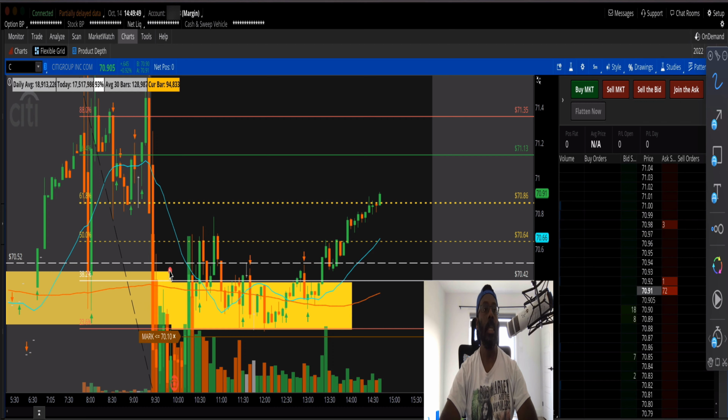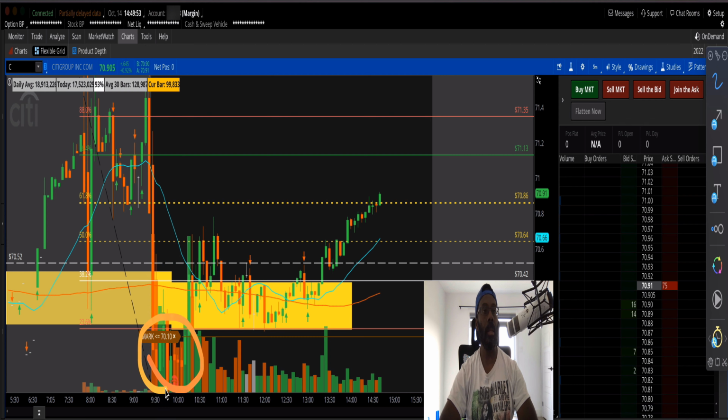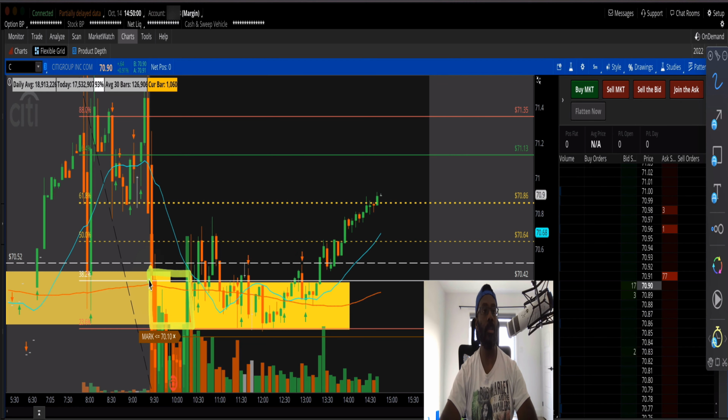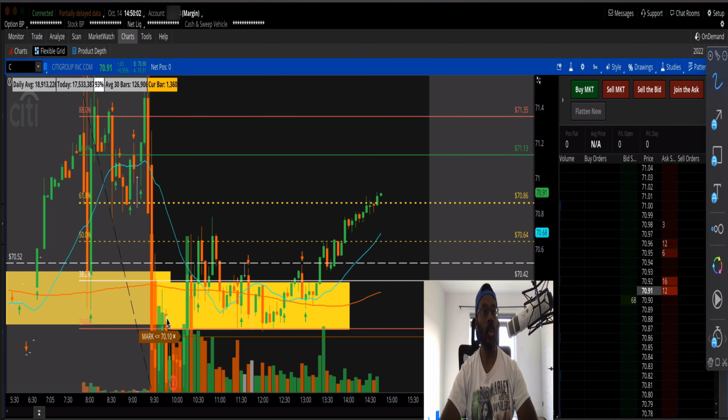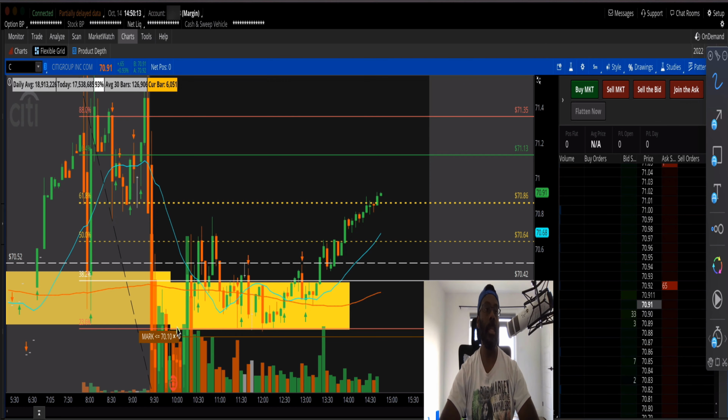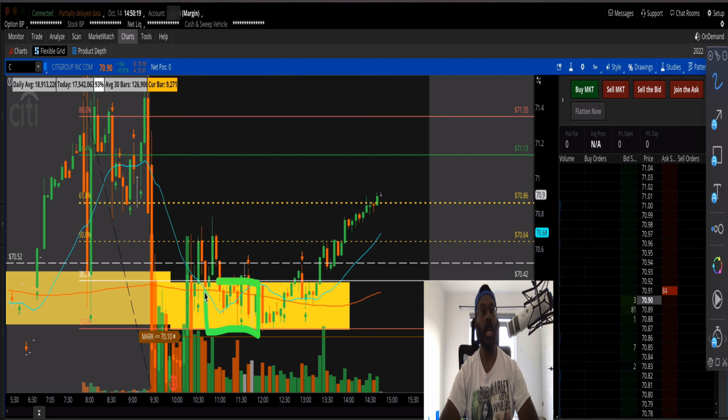This was the low. What happened was, well, right here, I didn't take the trade because it was inside the box for the first 5, 10, 15 minutes or so, and I didn't want to take the trade because of where it was, right? And then what happened was when I actually did take the trade, I got trapped. Basically, here's where I got trapped.